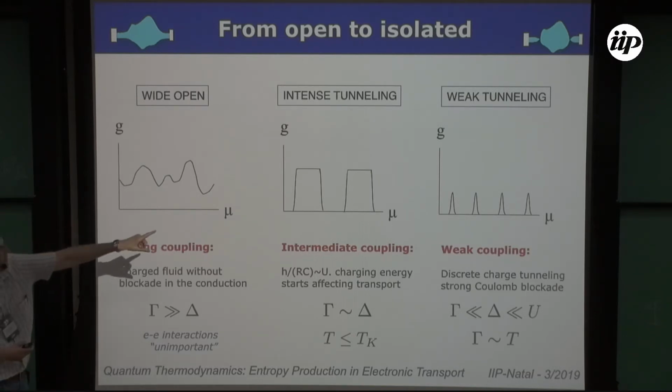If I go to the very other side of the slide, I am showing a typical sketch of what happens when you have weak tunneling. And the physics is that you have these islands of electrons weakly coupled to the external world. So one electron wants to enter this island, it has to pay a price.